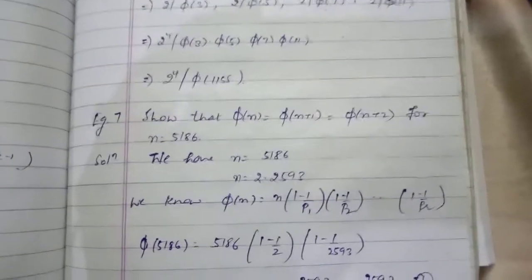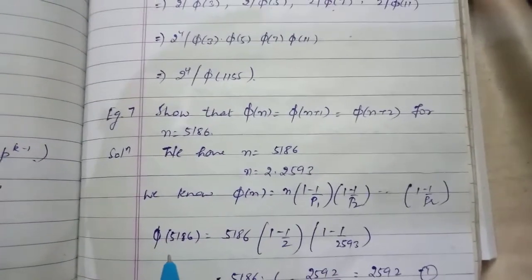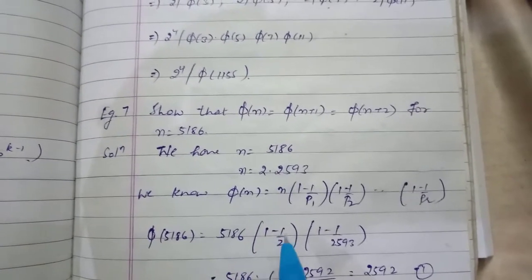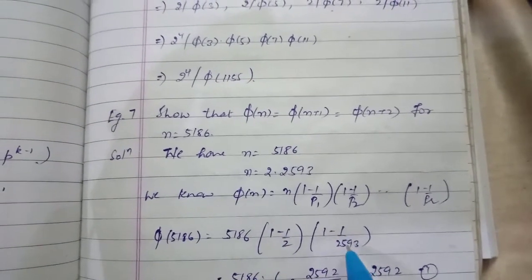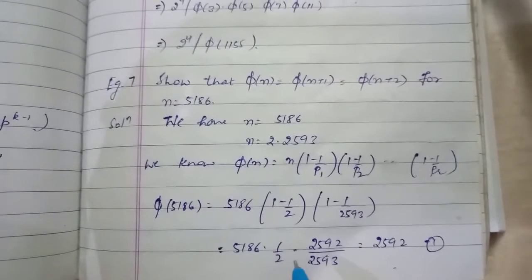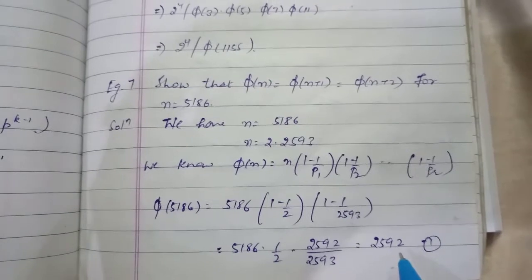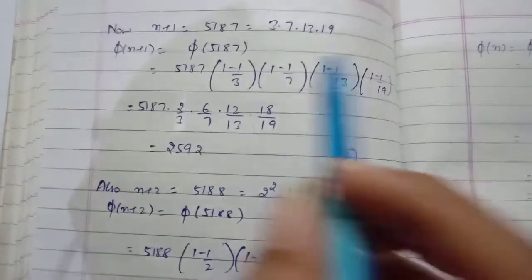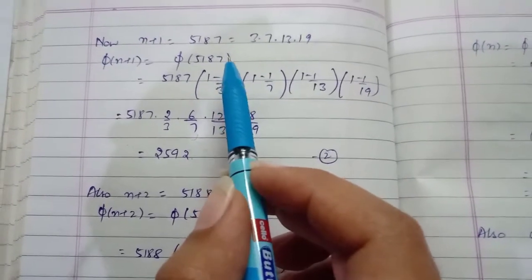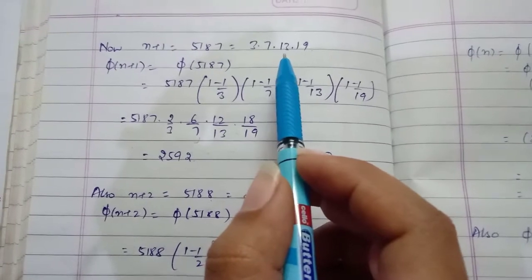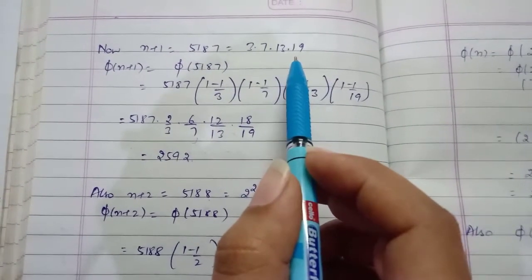Using this result, phi(5186) equals 5186 into (1 minus 1 by 2), (1 minus 1 by 2593). On simplifying it, we have phi(5186) equal to 2592. Now n+1 equals 5187, which can be written as 3 into 7 into 13 into 19.